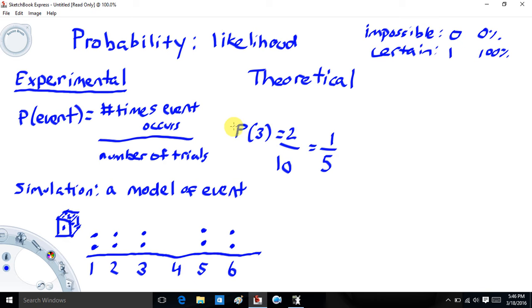Now, the next definition of probability is theoretical probability. In theoretical probability, we are dealing with the sample space.